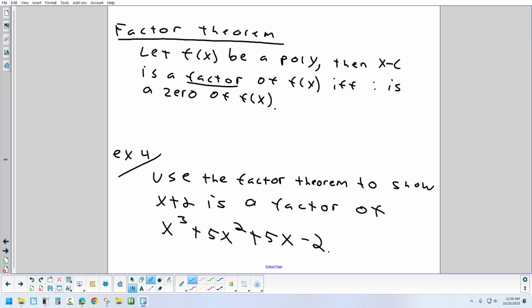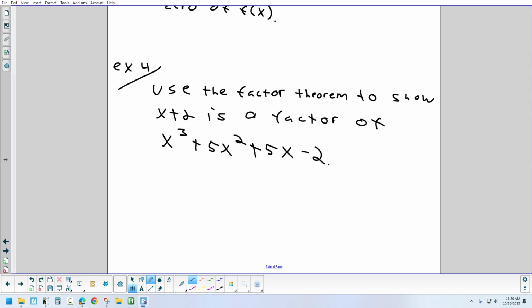All right. So let's try this one. If you see any directions in the book that say factor theorem, we're just going to use that theorem that I already showed you, the remainder theorem. It's pretty much the same idea.